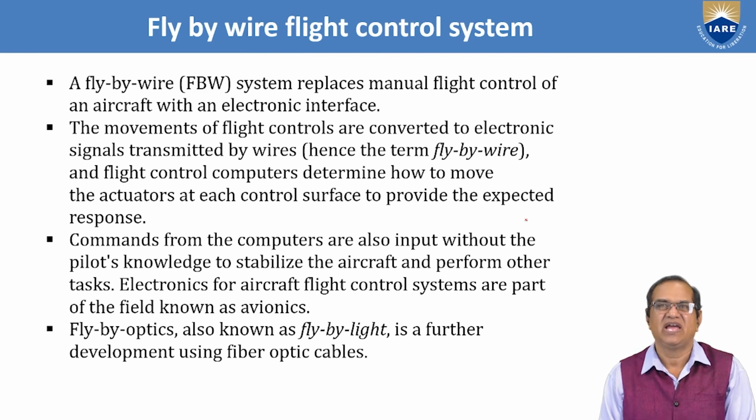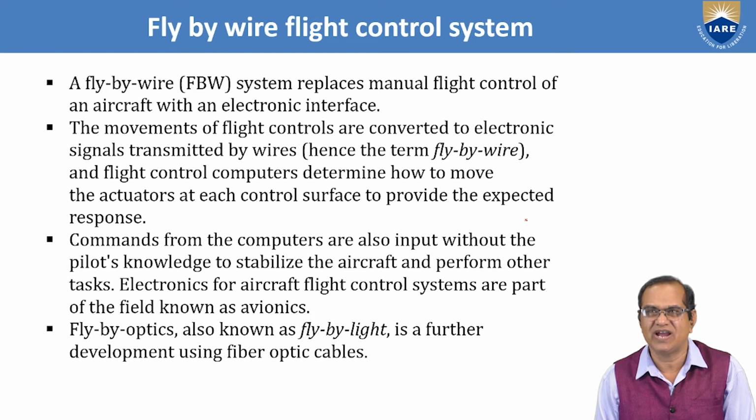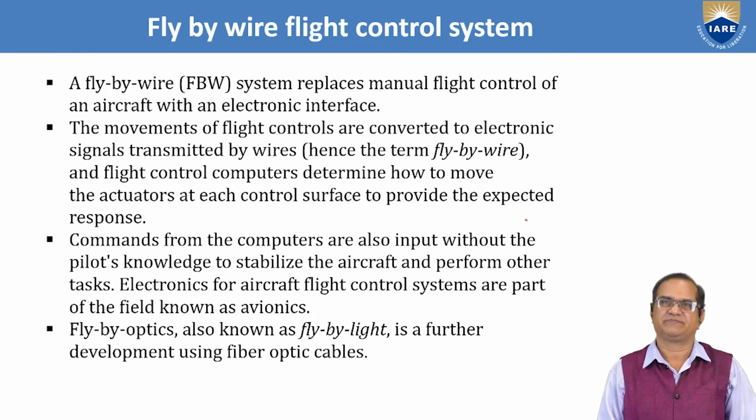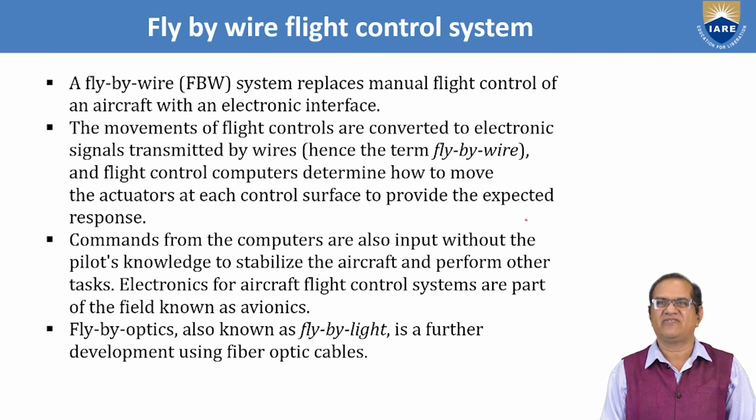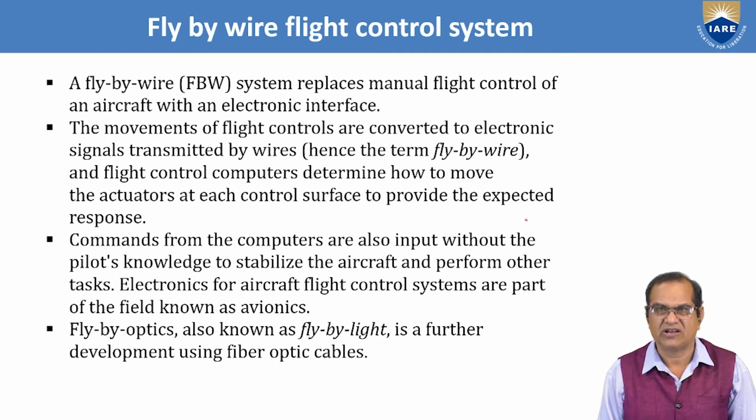Flight control computers determine how to move the actuators at each control surface to provide the expected response. Commands from the computers are also input without the pilot's knowledge to stabilize the aircraft and perform other tasks.